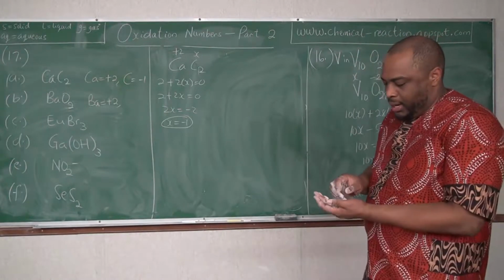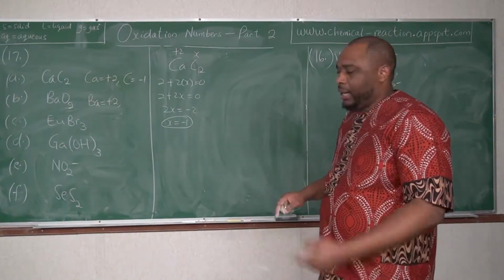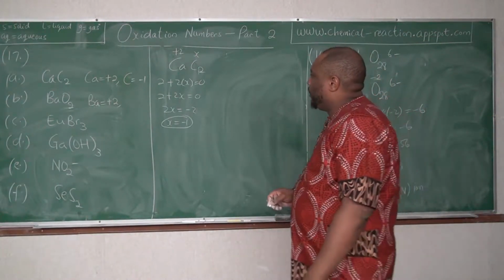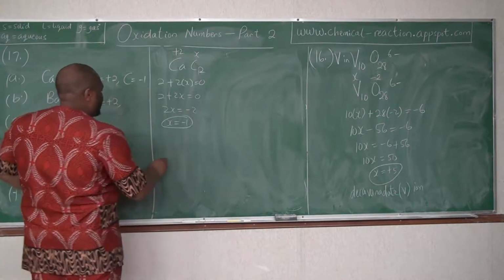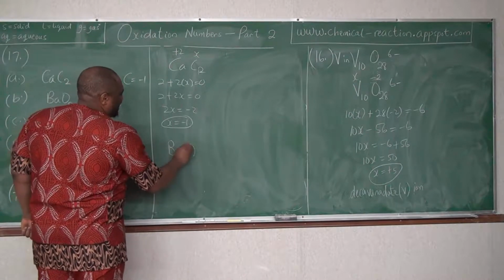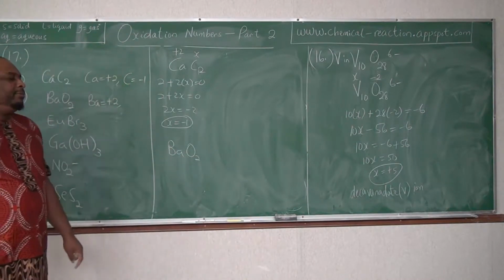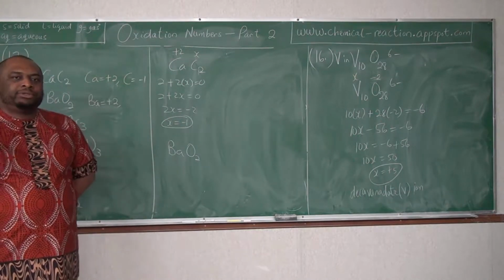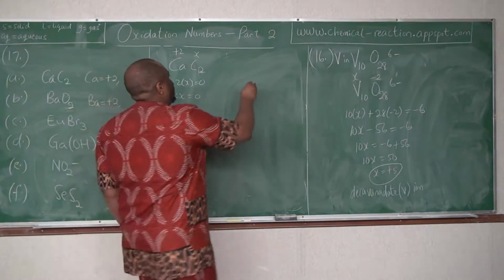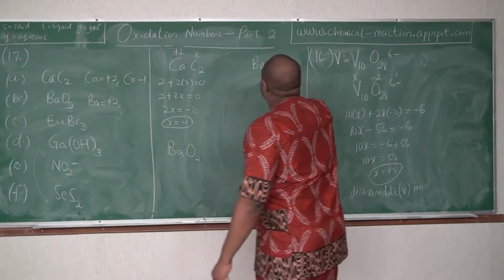So calcium is there, barium is there. Barium oxide is just BaO, because it's 2,2 and the 2 cancels 2.